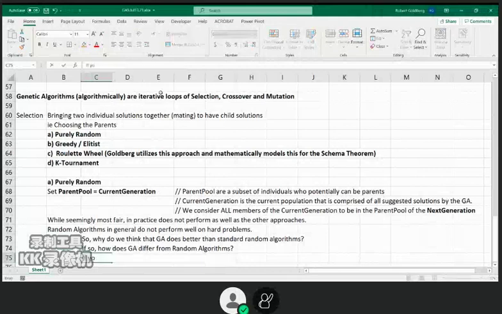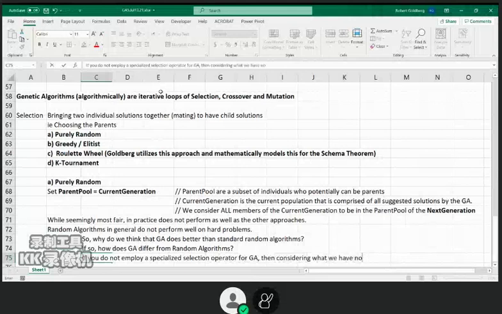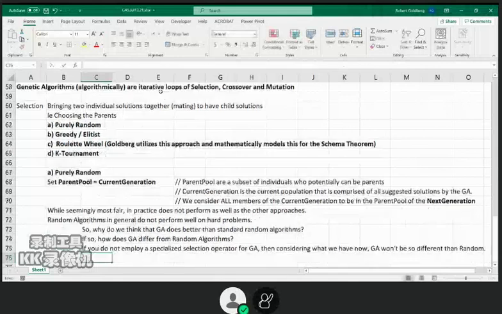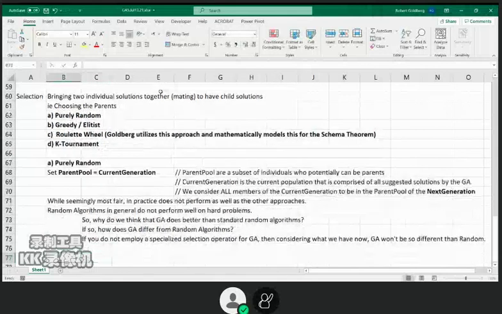But if you do not employ a specialized selection operator for GA, then considering what we have now, a GA won't be so different than random. Hopefully by tomorrow we'll have enough differences to convince you why it's better.